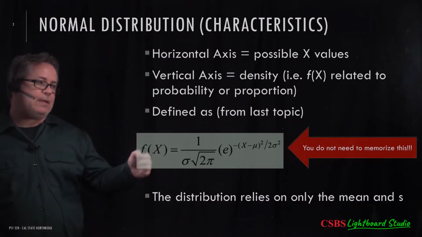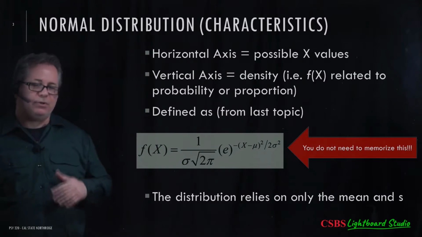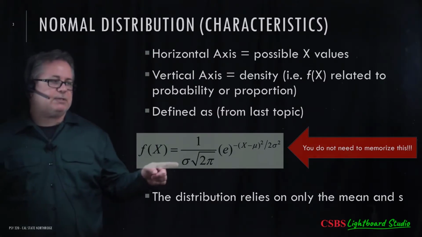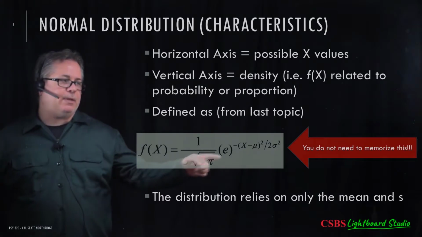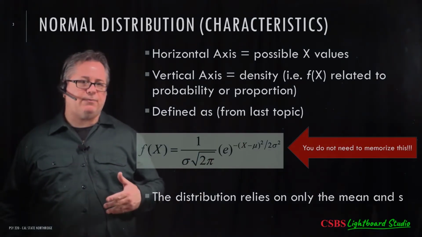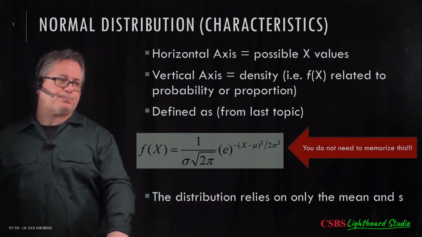So defined from the last topic here, again, the function of x, this density function, you don't need to memorize. The main takeaway here is that it relies on the standard deviation and the mean of the distribution, and then we can figure out the density from it as long as we assume it's a normal distribution.